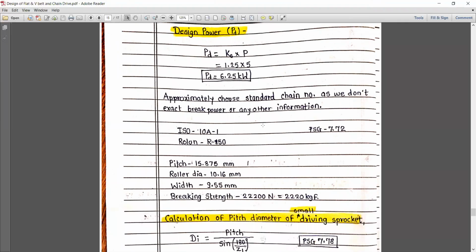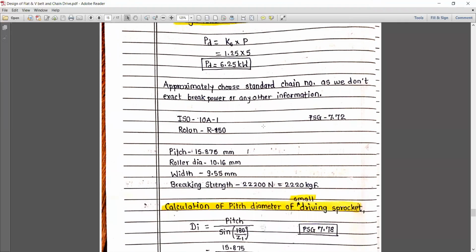Now if we look at the given parameters, we don't have any value for breaking power. If we had it, we could directly select a proper standard chain number, or chain designation.